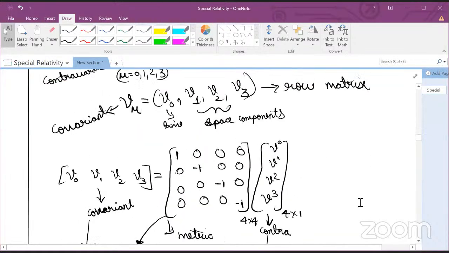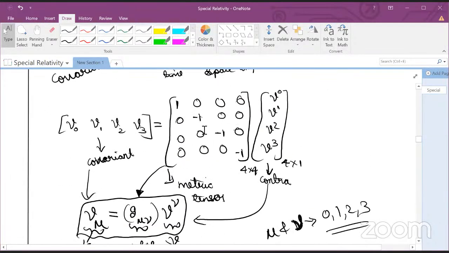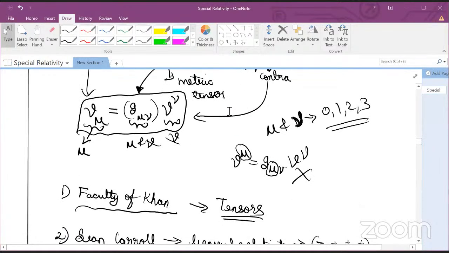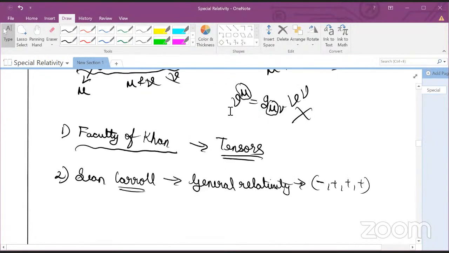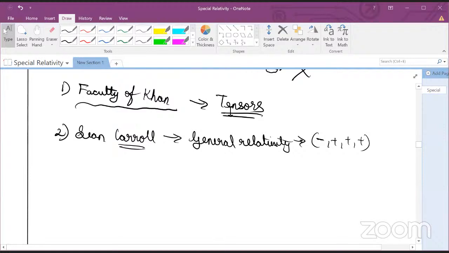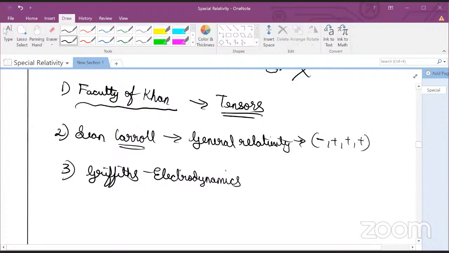In his diagonal metric tensor, he interchanges the signs of these entries. If you just take care of that, it will be a pretty simple explanation, and the math and physical intuition are the same. The third one is Griffiths. Griffiths' electrodynamics book has a chapter on relativity, which is also a very good one.